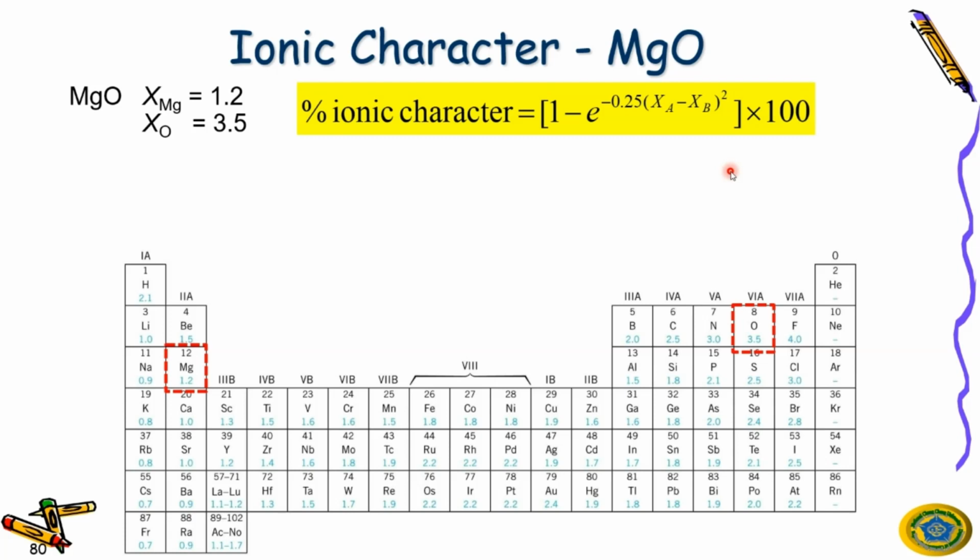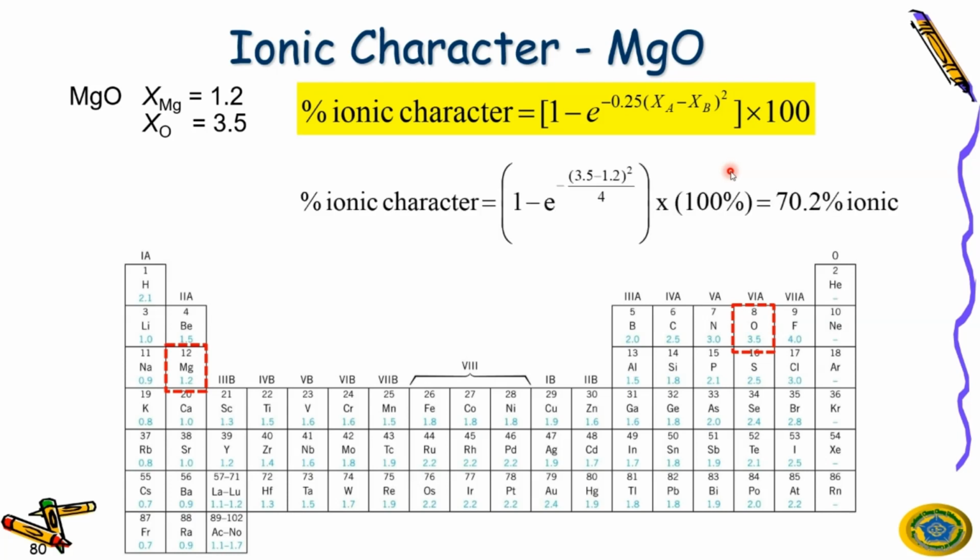So please bring your calculator when you do your midterm exam. Okay, remember, bring your calculator. So the ionic character of magnesium oxide is about 70%. So that means about 30% is not ionic. This is the degree of ionic character, the degree of the ionic bonding.